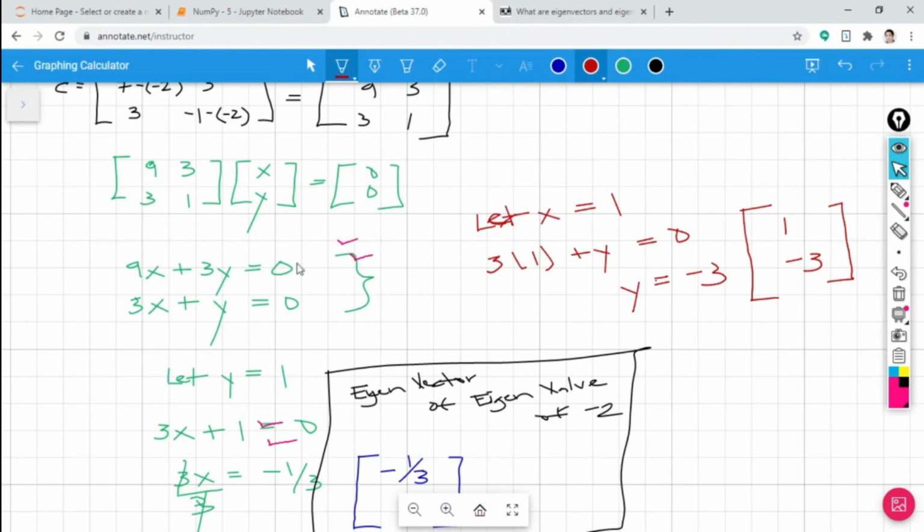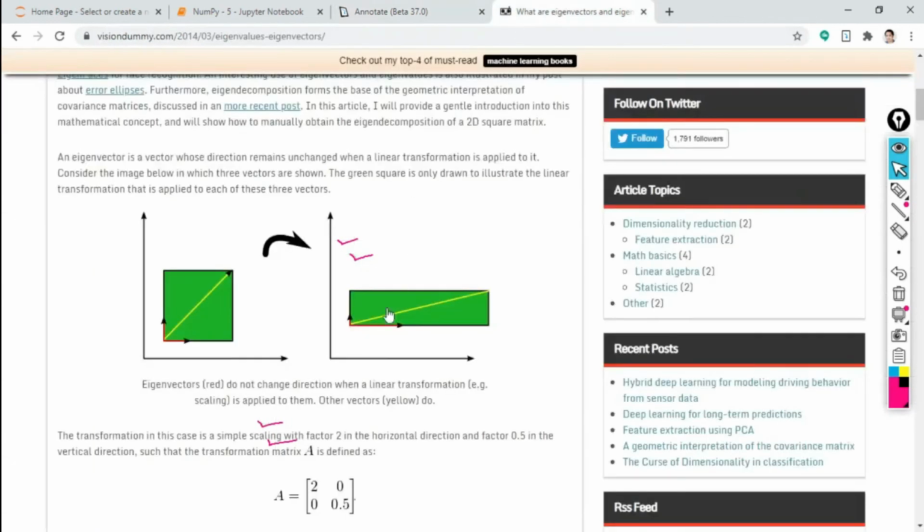The value we derive here does not change direction. It has many values, even in the opposite direction.